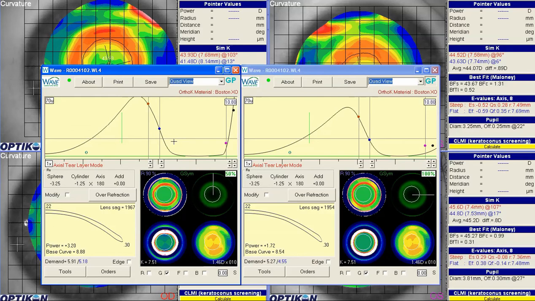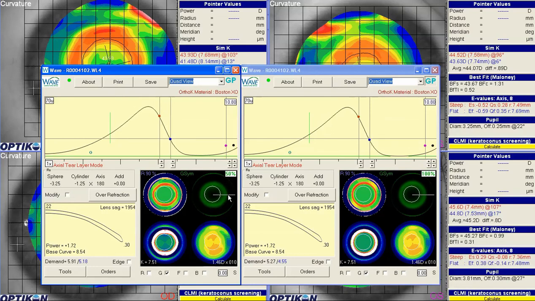Now we have a lens where the IC in the vertical meridian matches up with the OZ in the horizontal meridian. Because we were in 50% mode, Wave puts it at an in-between position for the oblique meridians.